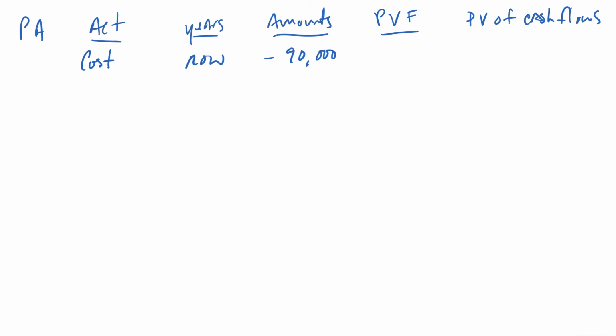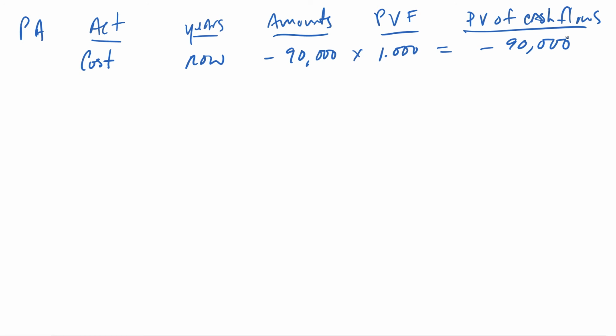The present value factor, for any inflow or outflow that happens today, is always 1. The present value of $1 today is $1. So I multiply those, and that gives me the present value of minus 90,000.